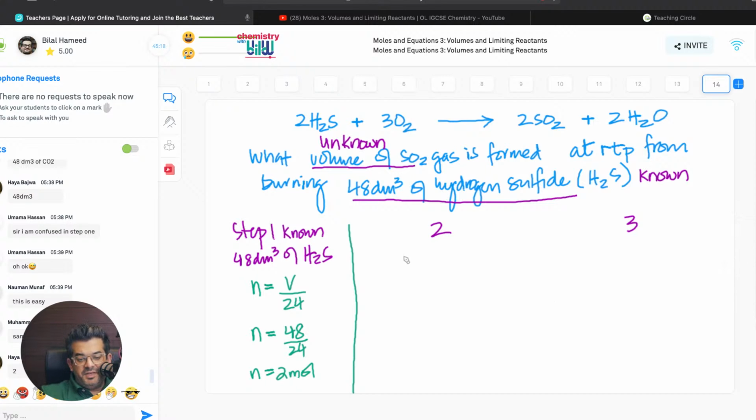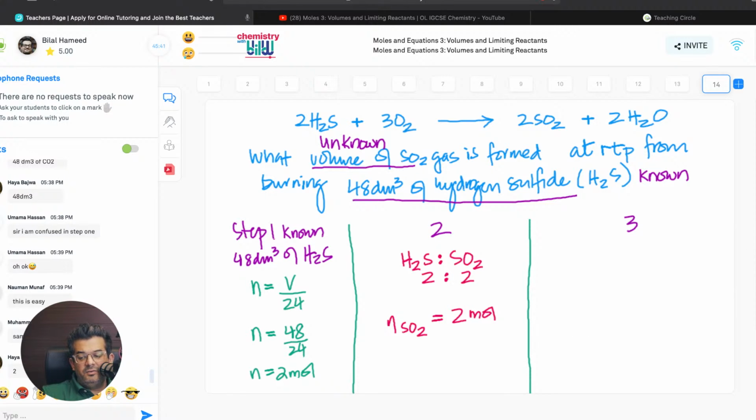And the ratio from the equation is H2S becoming SO2. Their coefficients are 2:2. So the number of moles of SO2 I need are also 2 moles, because वो 2:2 ratio निकल आया. Right?